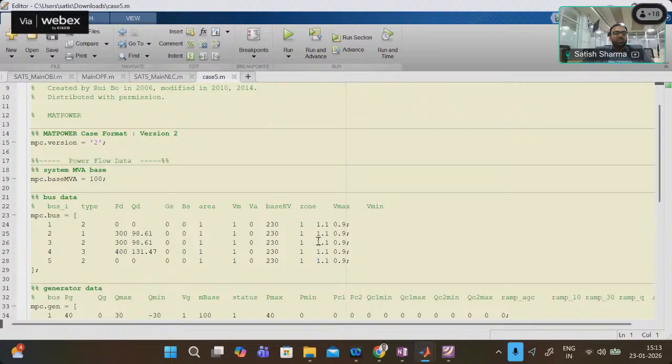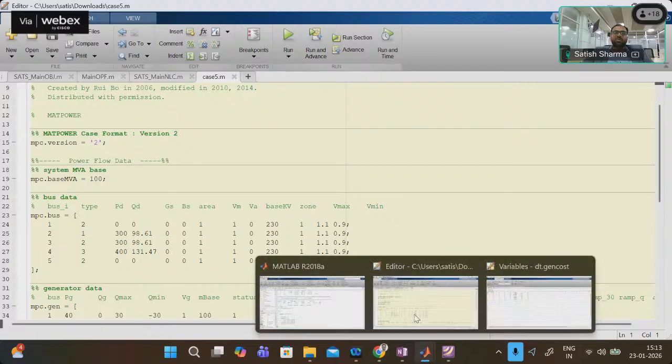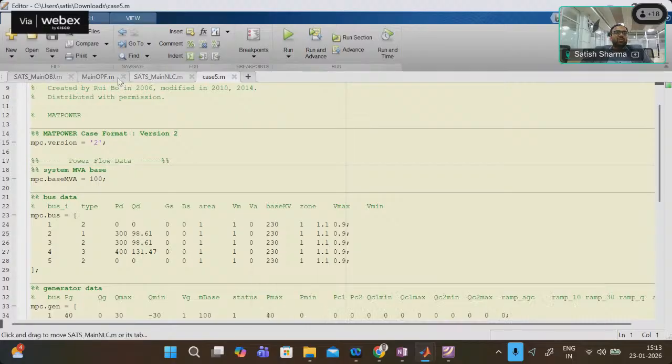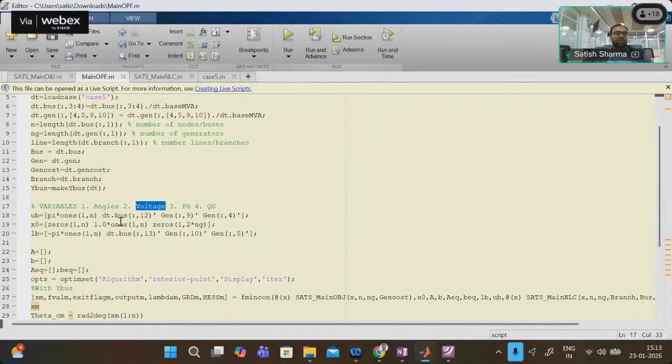As I have converted everything into per unit, I will use those values. So dt dot bus 12th column will give me the voltage maximum value, and similarly the 13th column will give me the minimum value. So the voltage upper bound and lower bound have been defined.